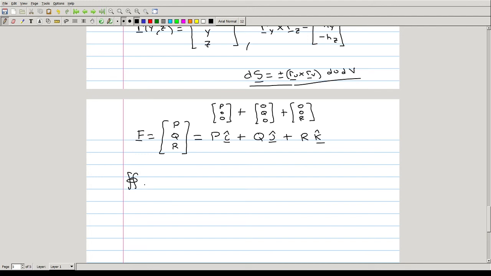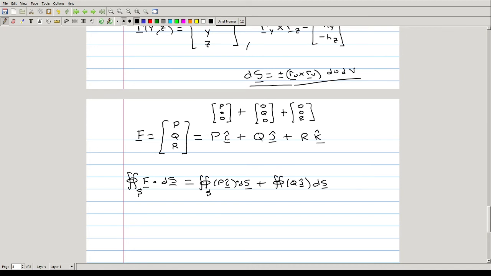If we use this decomposition, the surface integral of F dot dS is the same thing as the surface integral of the vector field P i hat dot dS over the surface S, plus the surface integral of Q j hat dot dS.